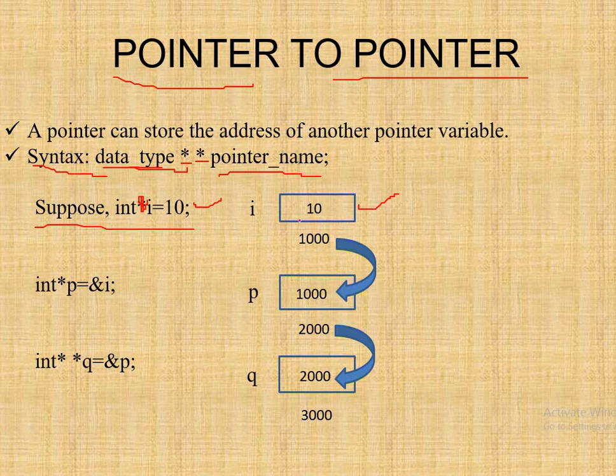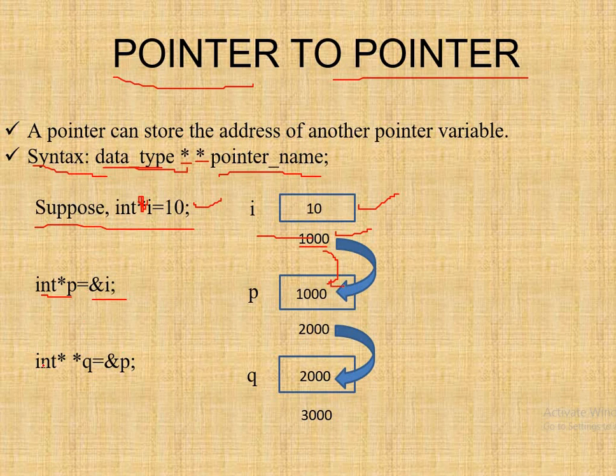In this space 10 will be stored, and suppose the actual location of this variable is 1000. After that, int *p. p is a pointer variable which stores the address of I. What is the address of I? Here, 1000. So in p, 1000 will be stored.